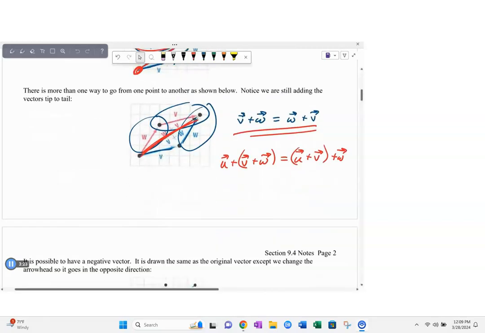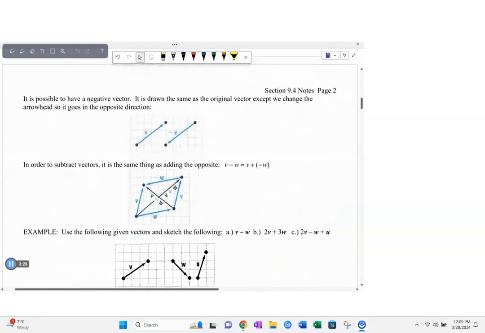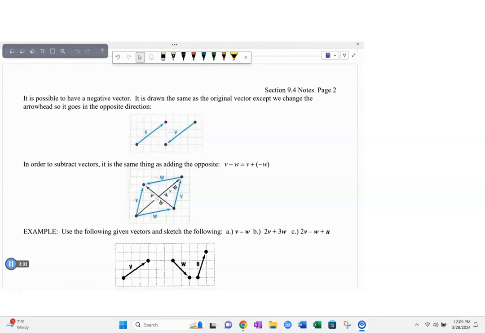Now, what about a negative vector? It's drawn the same as the original, so the magnitude or length is the same, but it goes in the opposite direction. Notice v here goes up 3, right 4. So negative v would just go down 3, left 4.